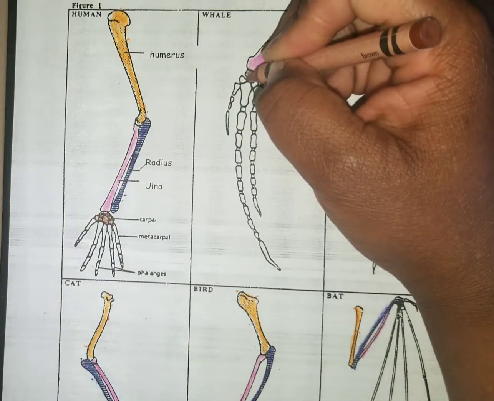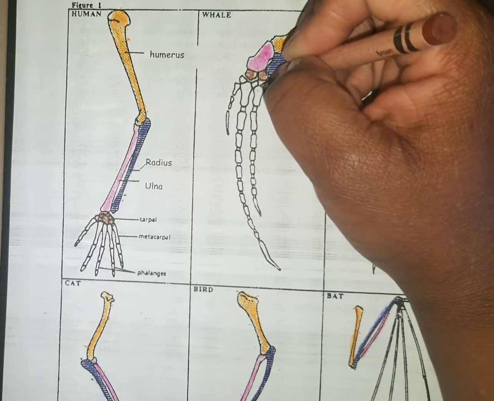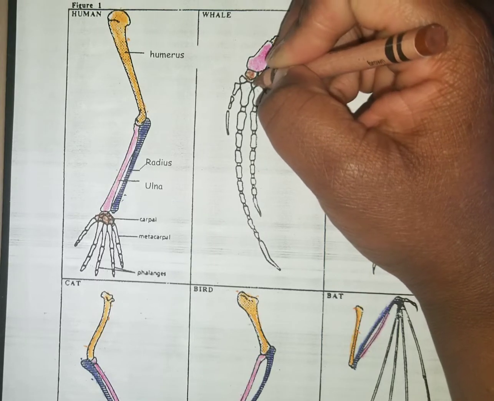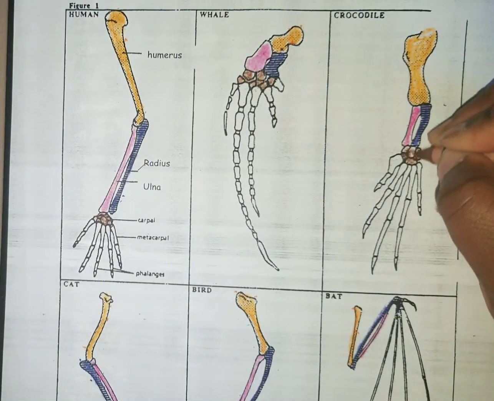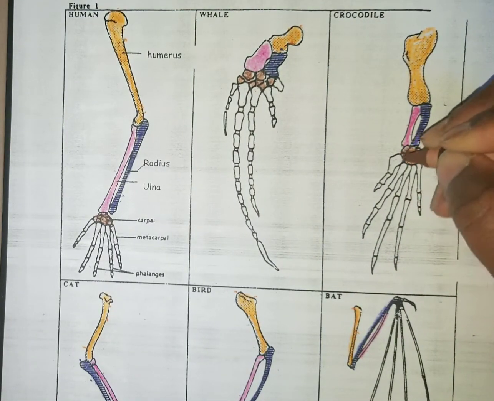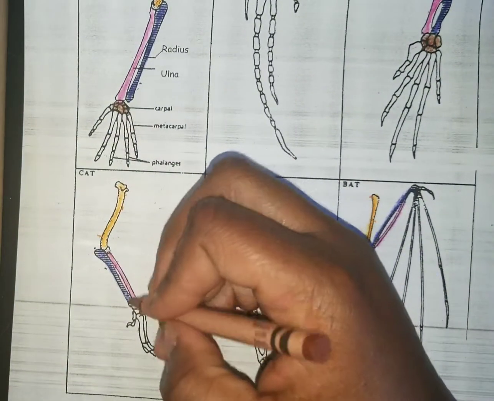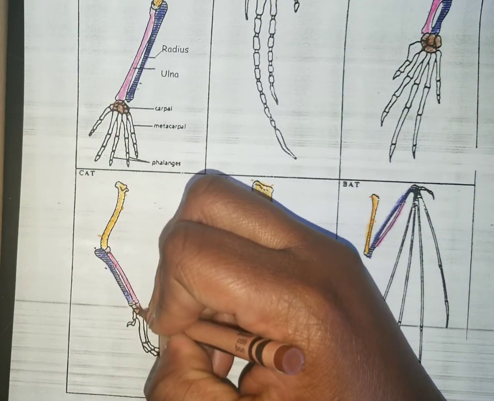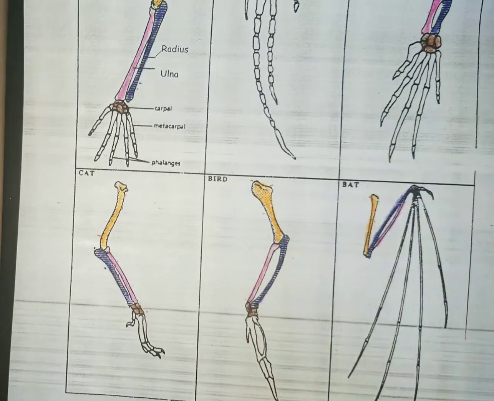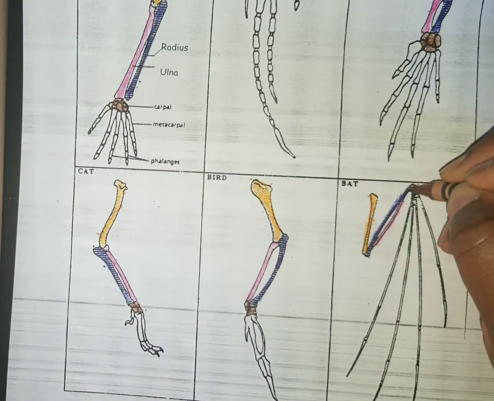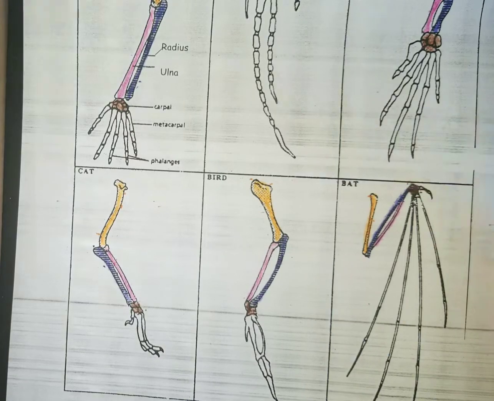I'm gonna color these brown as well. Okay, here, brown. Scoot the page up. Brown. Brown. And this one you can hardly see, so I'm just gonna color this little circle brown.